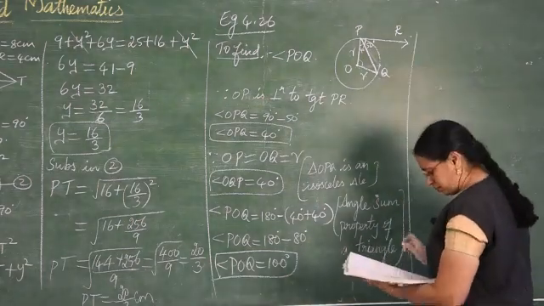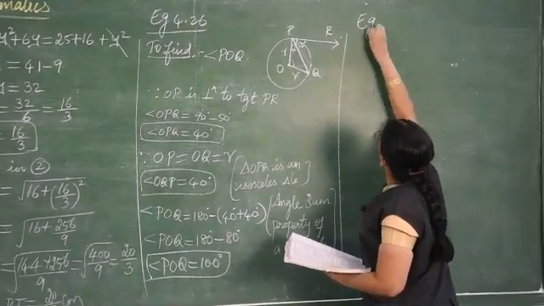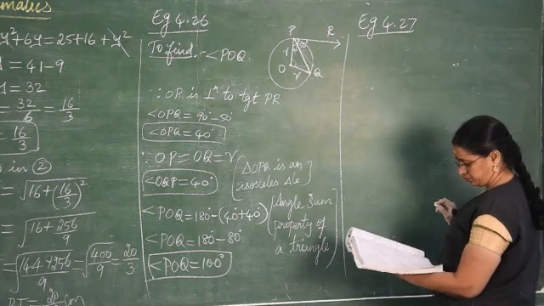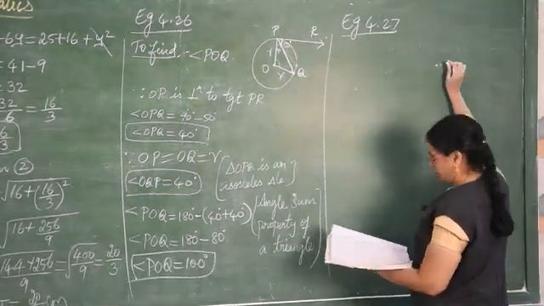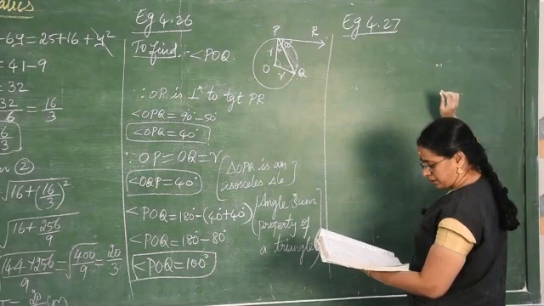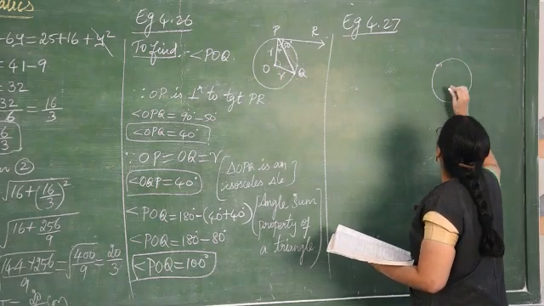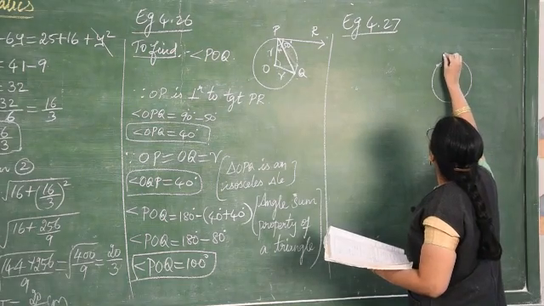We'll see the next sum. Example 4.27. Triangle ABC is circumscribing a circle. So, first you draw the circle, then you can draw the triangle.